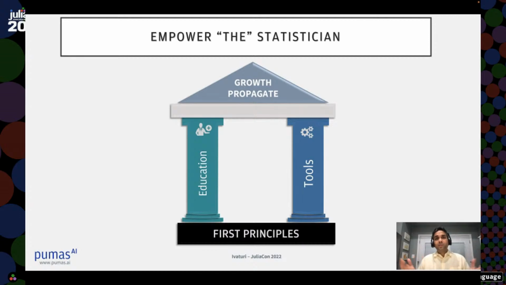Now think of this from a multidimensional approach. You're now talking about first principles across multiple domains that need to integrate well, and you need to provide the tools and education to allow the growth and development of the critical mass. So to empower the statistician, which is the title of the talk, we really need to invest.